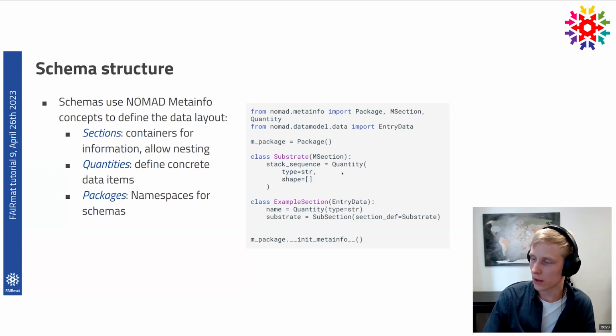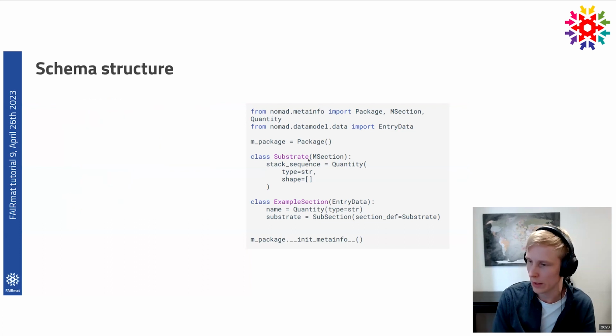What you can see here as well is this package. We have wrapped our schema around this package definition. It basically gives you your own namespace for the schema, so that it's separate from all the other schemas that other people may have defined. So these three things are quite important in schema development: sections, quantities, package.